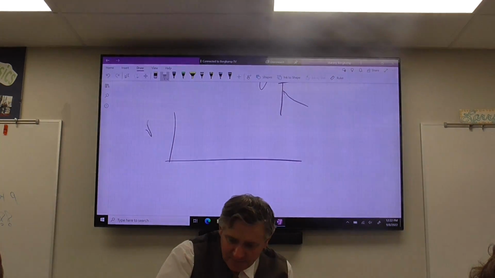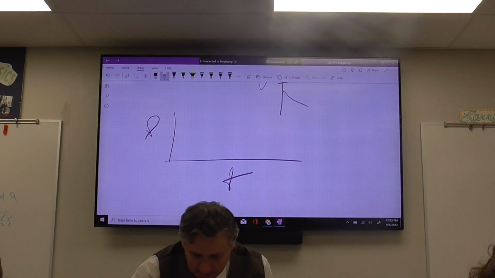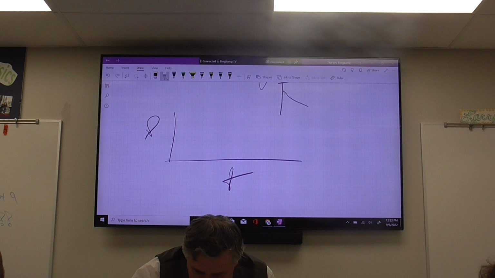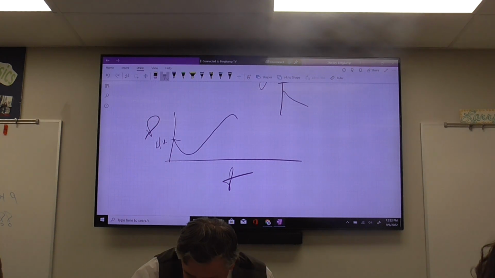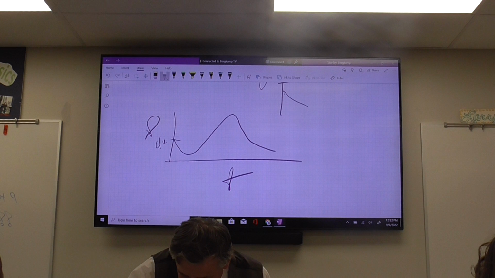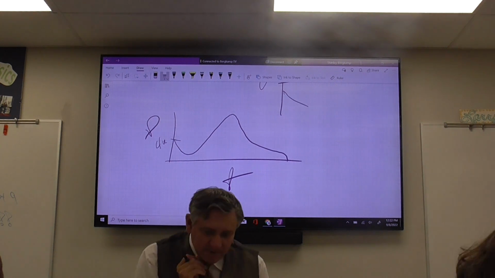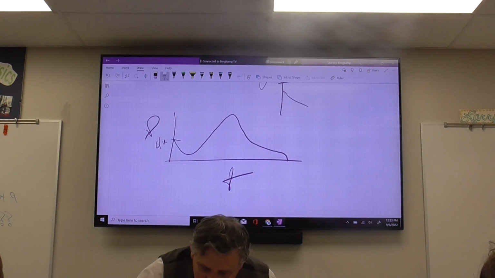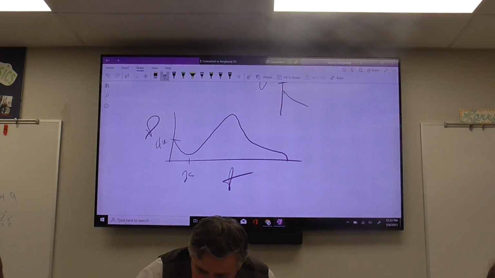Let's say I gave you, hypothetically, a position time graph that, let's say that's 4 meters, and we have something like this. And that's 2 seconds.